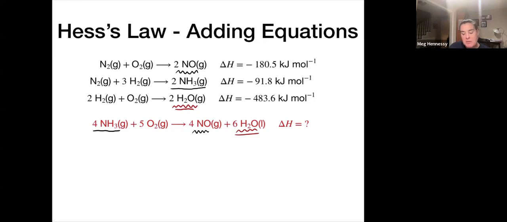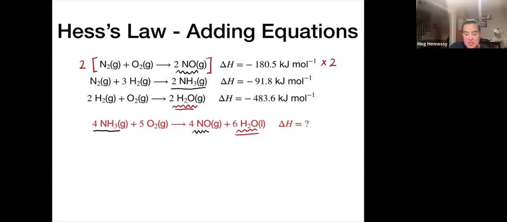So if I wanted my 3 equations to look like my target equation, I could go through and tell you that the first one, I want to multiply it by 2, because I want the coefficient of NO to be 4. It's on the right side of the reaction, so I'm not going to flip it. I'm going to leave it alone. For the second one, ammonia has the wrong coefficient also.